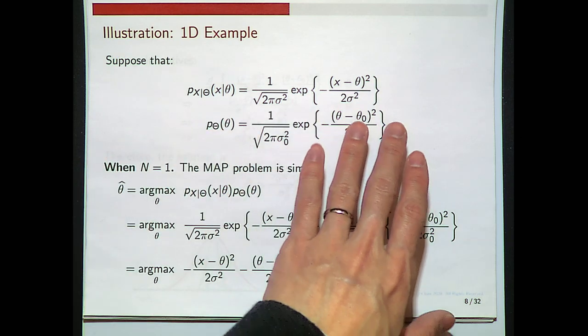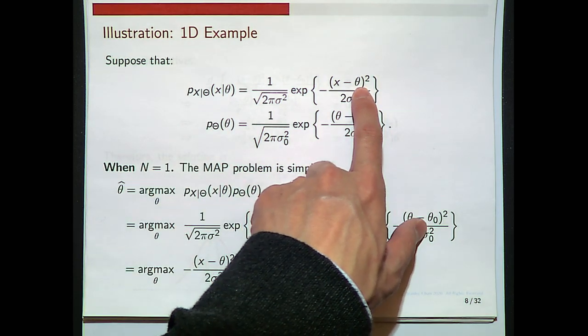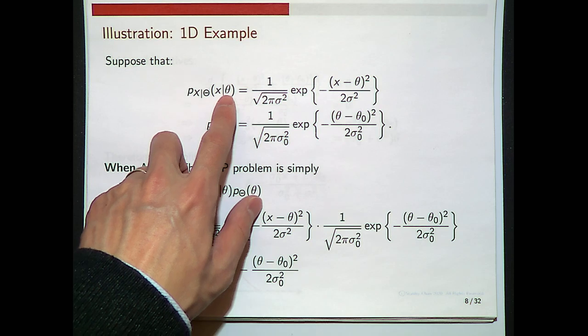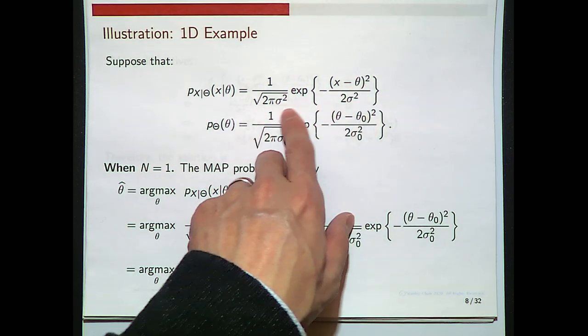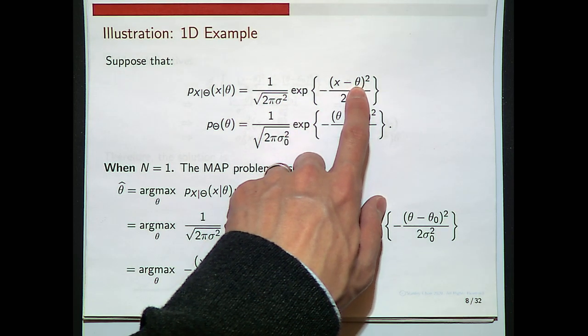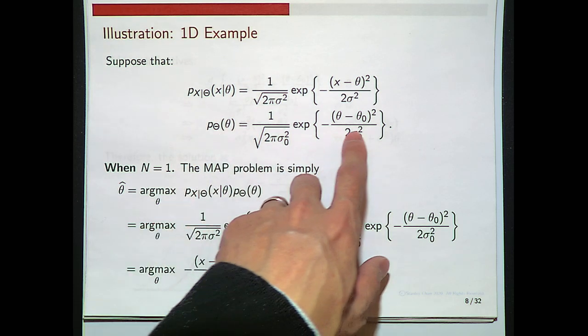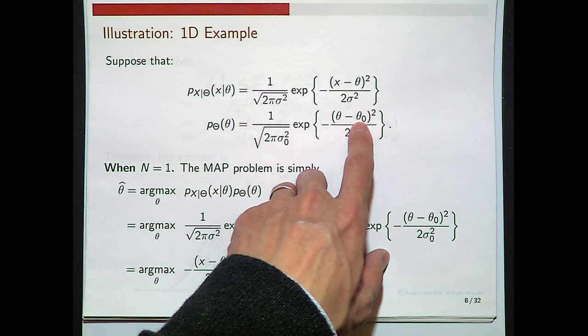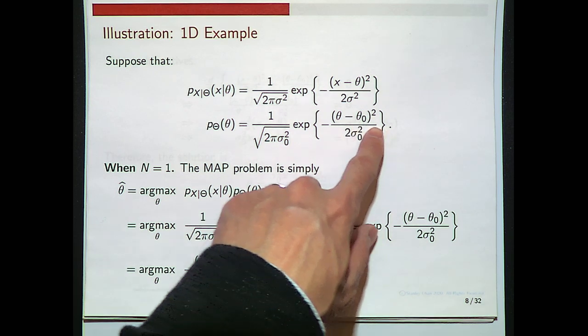This Gaussian is a Gaussian of theta. In this problem, you have a known parameter sigma, and theta is the mean. I'm assuming that sigma is known, and theta is an unknown parameter I want to estimate. There is an underlying prior distribution of theta, with center theta 0 and sigma 0. That is the prior distribution.